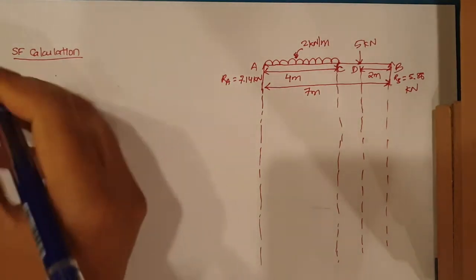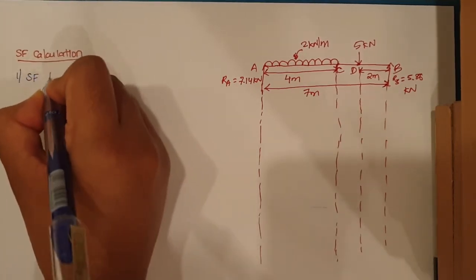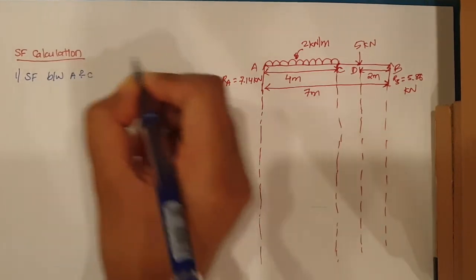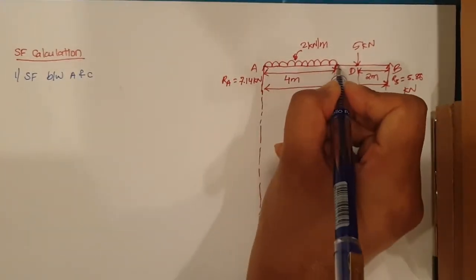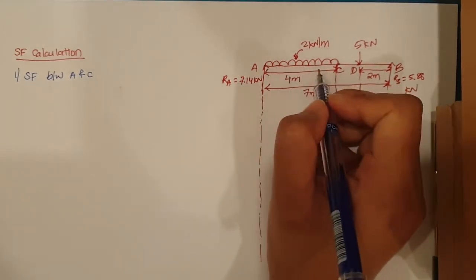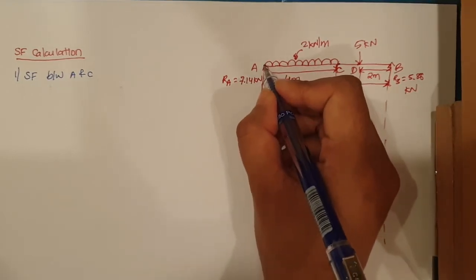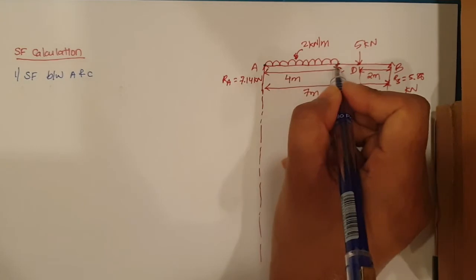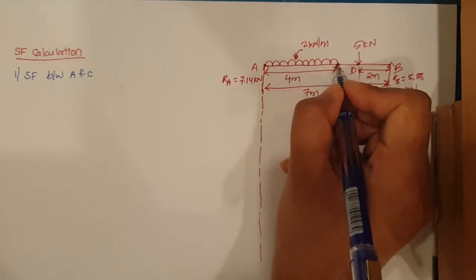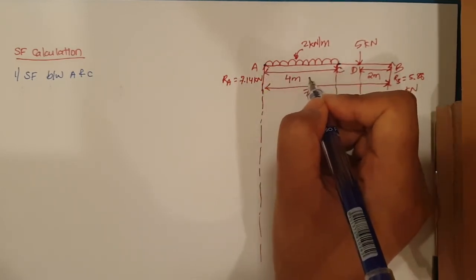So first one, we need to find shear force between A and C. Now in this case, between A and C, a UDL is running. So we have to take a distance when the UDL starts at this point A, and when the UDL fully runs over this span, the total span making it to 4 meters.